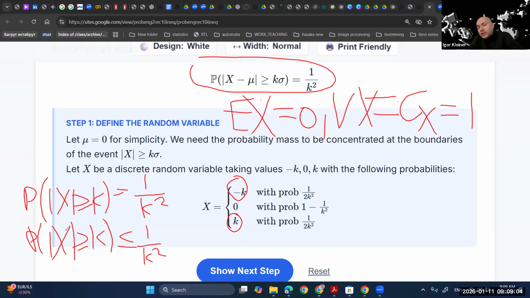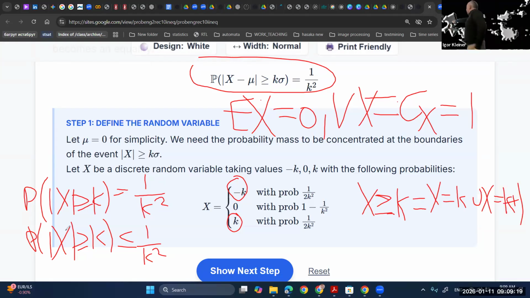In general, X greater than or equal to k, what does it mean? X equals k, or k plus 1, x equals k plus 1 until infinity. But for this random variable, X greater than or equal to k is simply the probability X equals k, because it can only take the values minus k, 0, and k.